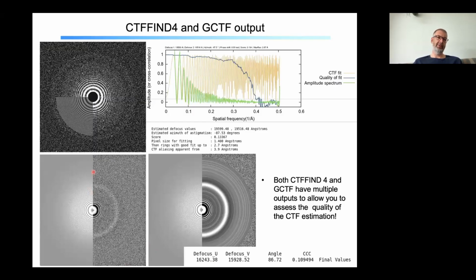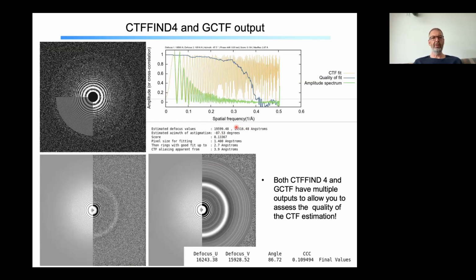These are just some of the outputs that we routinely get. On the top panel here we've got CTFFIND4, so you can see your experimental power spectra as three quarters of the image, and then the estimated power spectra it gets by estimating the position of the zeros, and it will spit out a defocus value.